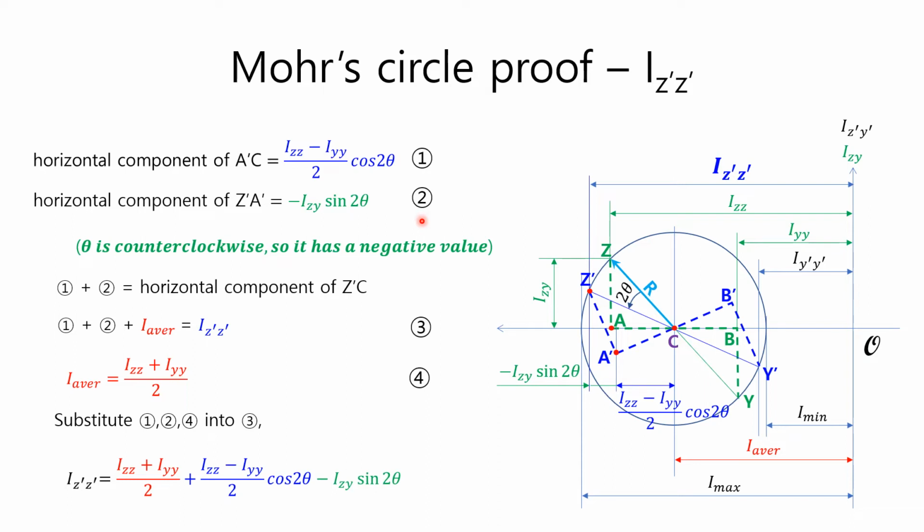Referring to the figure, adding equations 1 and 2 gives the horizontal component of Z prime C, and adding I average to that results in Iz prime. Consequently, we can get the final equation to calculate Iz prime. Let's look into that geometric analysis in detail.